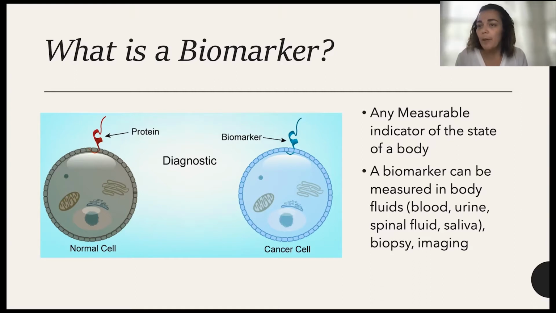So this indicator may be chemical, physical, or biological in nature, and the measurement may be functional, physiological, biochemical, cellular, or molecular. The National Cancer Institute defines a biomarker as a biological molecule found in blood, other body fluids, or tissues that is a sign of normal or abnormal processes, or of a condition or disease.